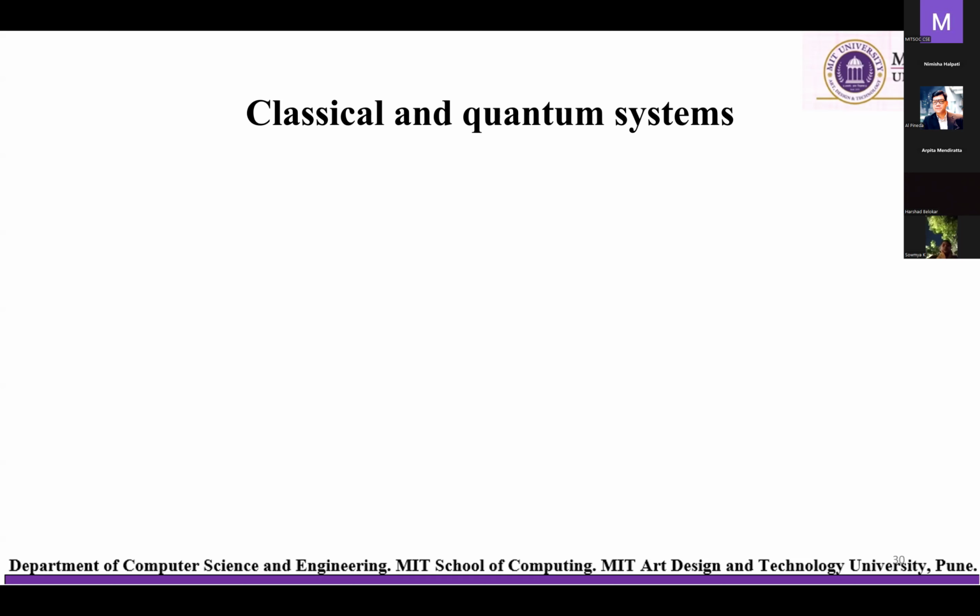Quantum systems. In quantum mechanics, the state of the system is represented by complex numbers associated with each possible state. Quantum states are described using Dirac notation. The expression represents a superposition of quantum states where each state is denoted by Dirac notation.